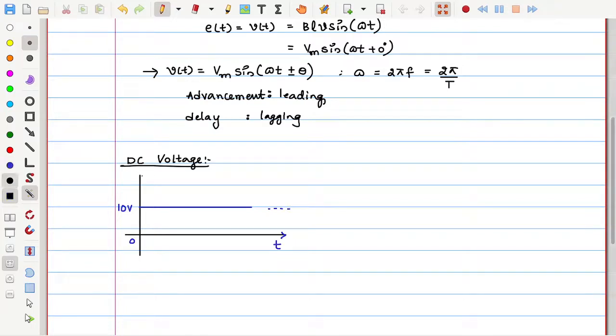Now if somebody asks you how much is the voltage at 5 seconds, or at 10 seconds, or at 100 seconds, what you could say blindly is that we have 10 volts.